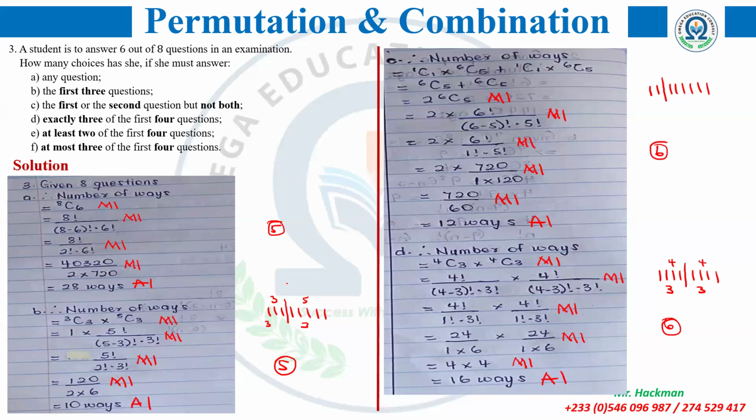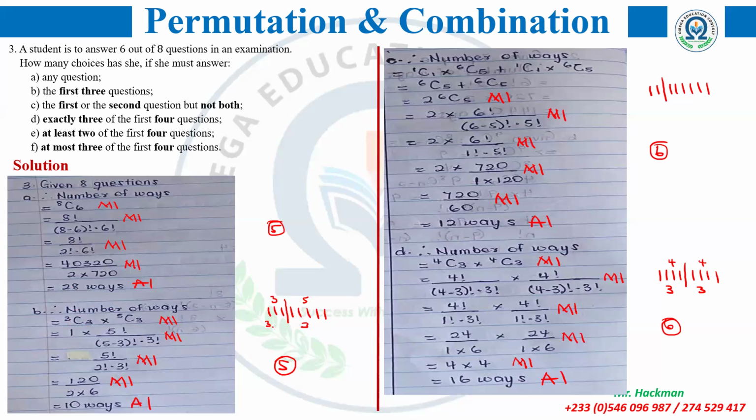So first 3 questions, meaning I break the questions down into the first 3 and the other 5 questions. The condition is that I need to answer the first 3 questions. So I'll have 3 to answer 3 from. That will give you 3 combination 3.